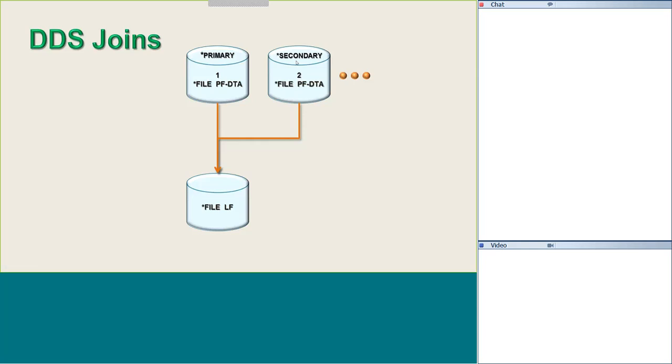Right. Then you specify a single record format to create the logical file. So essentially, your join logical creates a file with a single record format that contains fields from any one of the primary and one or more secondaries.